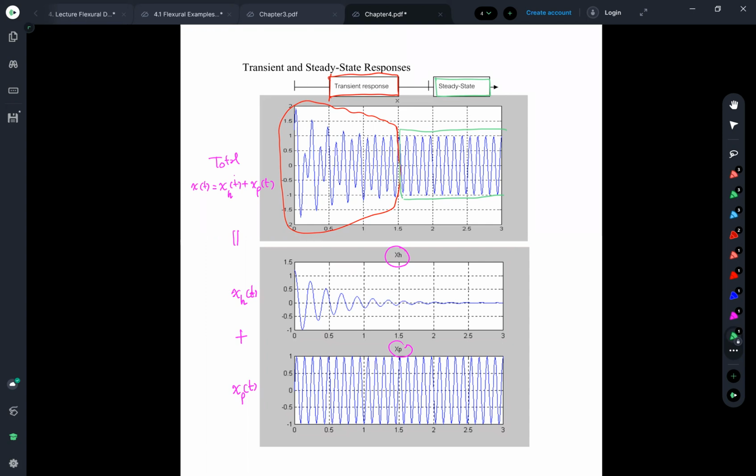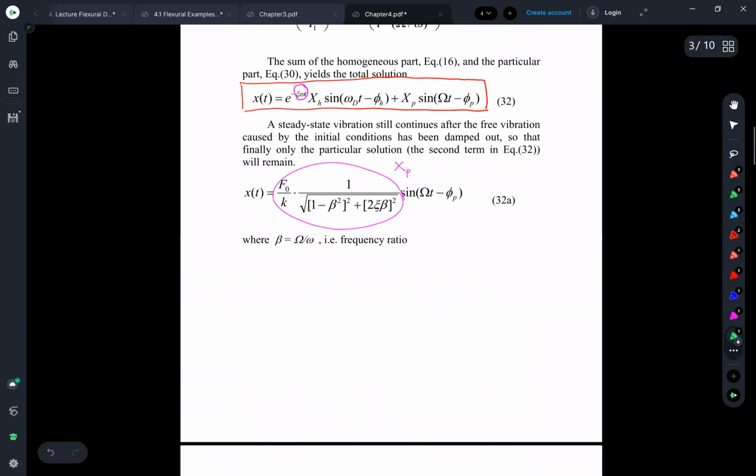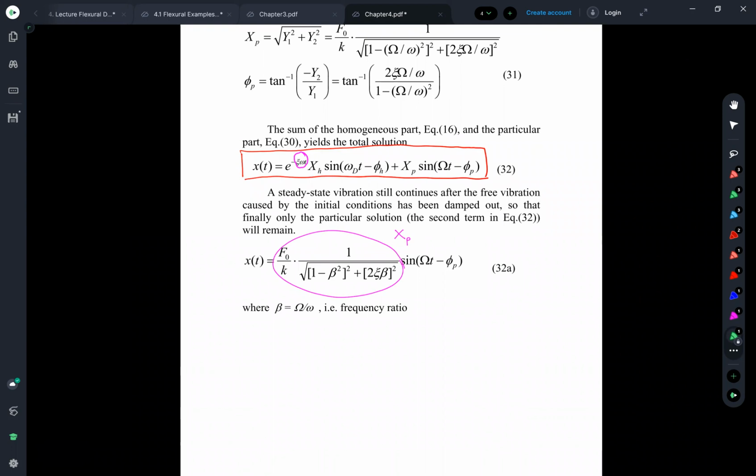That's why many engineers just consider only this part, the particular solution, because it happens like this in many applications.